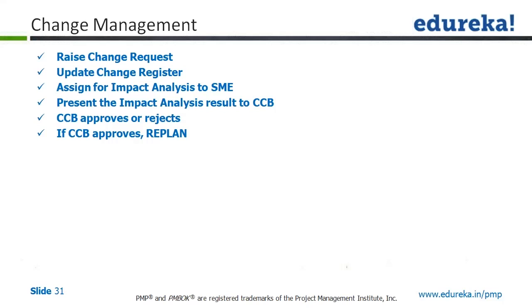Maybe you realize that for some unforeseen reasons, the project is currently running late by 2 months. You had raised that concern to the change control board with all the justifications and all the impact, and you realize that by putting in extra effort and expediting various activities, the best you can do is only mitigate about 1 month out of that 2 months lag, even if you put in additional manpower.